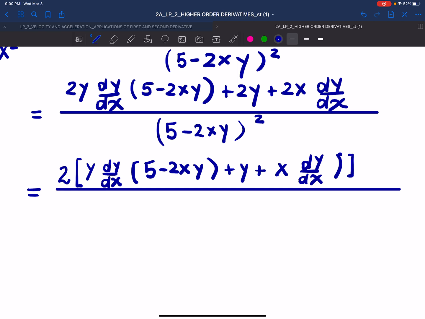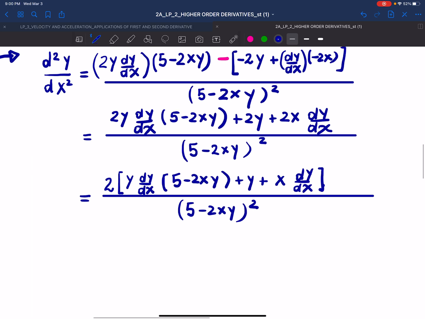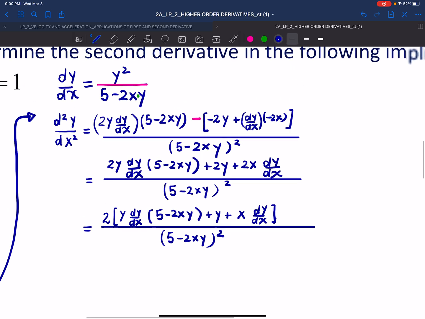Okay. And, sorry, I think this would be enough here. And this will be over (5 minus 2xy) to the power of 2. Now, this is as much as we can simplify the second derivative.